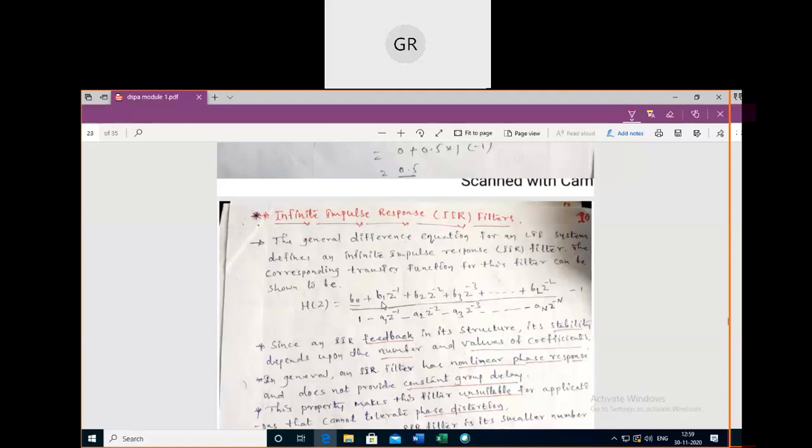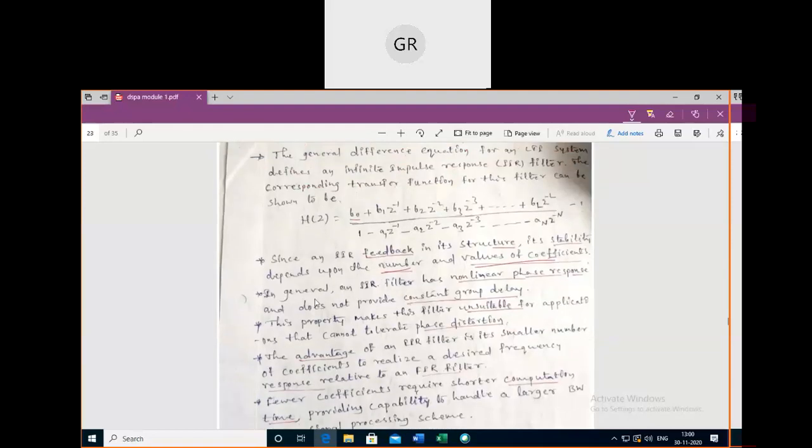The IIR filter depends on both inputs and previous outputs. Since an IIR filter has feedback in its structure, its stability depends upon the number and values of coefficients. In general, an IIR filter has a non-linear phase response and does not provide constant group delay.